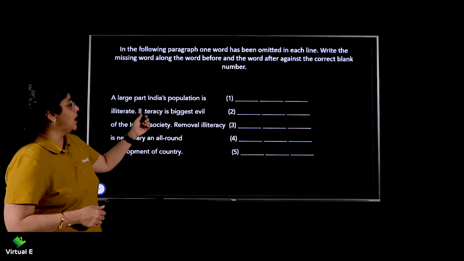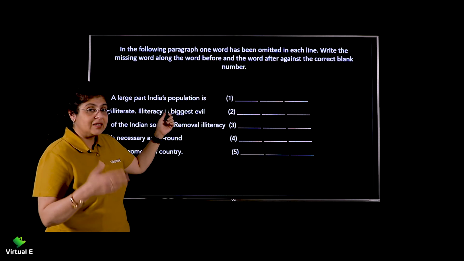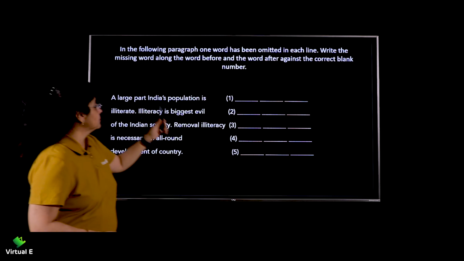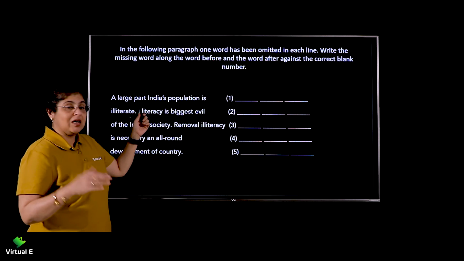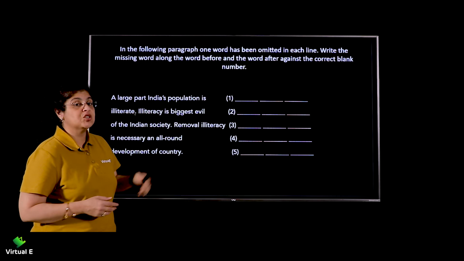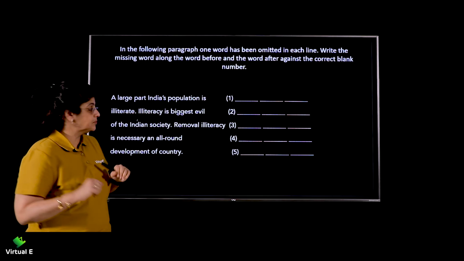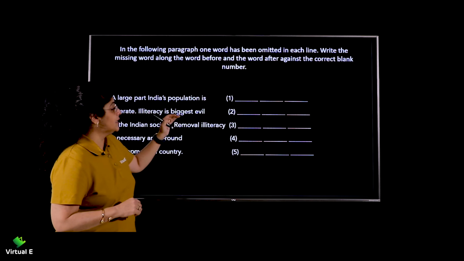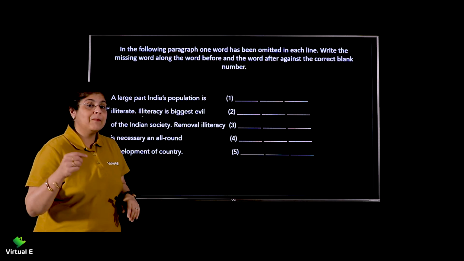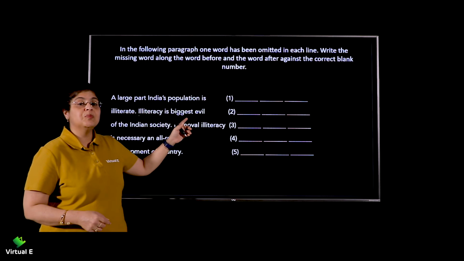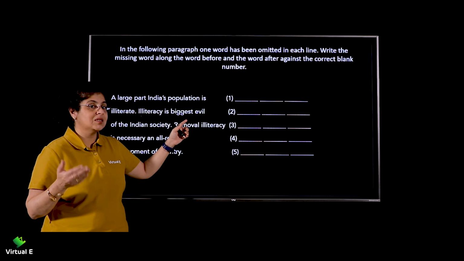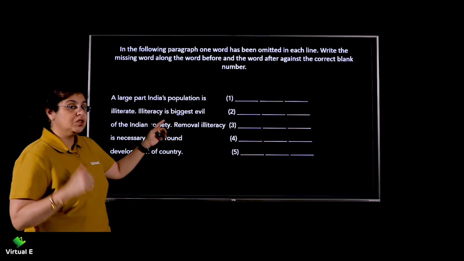So, a large part of India's population. So part of India's is illiterate. A large part of India's, now you can check it. A large part of India's population is illiterate. Clear? Illiteracy is the biggest evil. You have a superlative, EST: the youngest, the oldest, right? So you always have "the" before the "est".